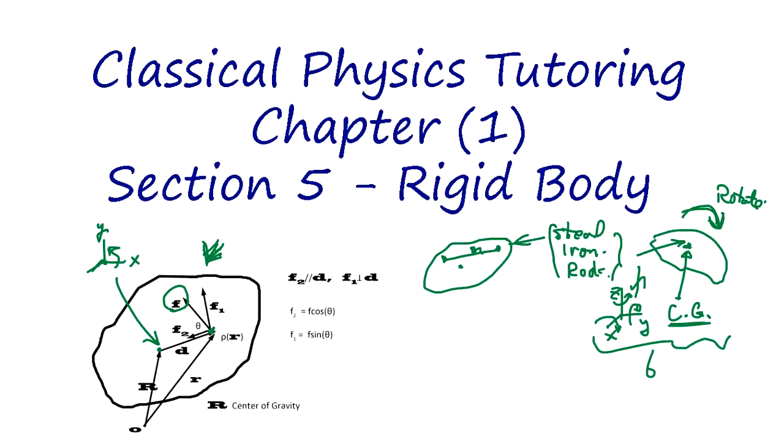Okay, so when you have force applied to 1 point of the rigid body, the distance from the center of gravity to this point becomes important. That's D. Okay, and the force is divided into 2 components, one parallel to D and one orthogonal to D. Why? Because the one parallel to D is pushing the center of gravity.